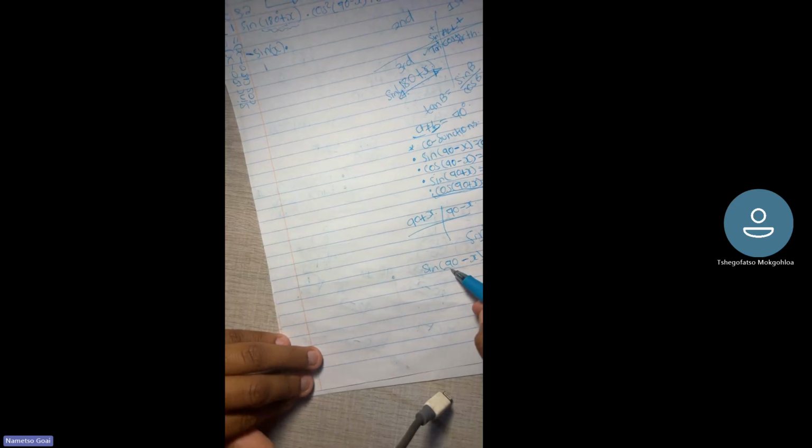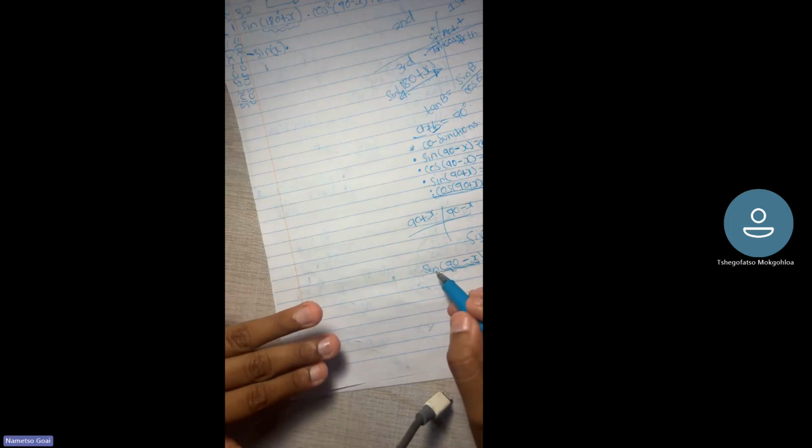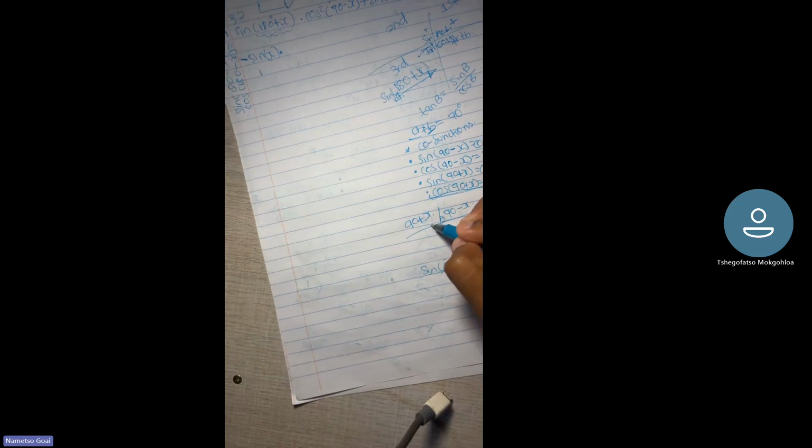But now let's look at whether sine is positive or negative in the 90 minus x quadrant. If memory serves you well, this is our CAST. In the 90 minus x quadrant, sine will be positive, so we're going to have a positive over here.